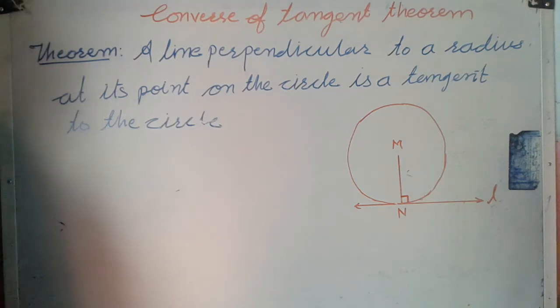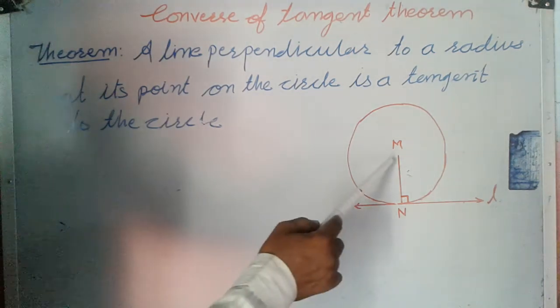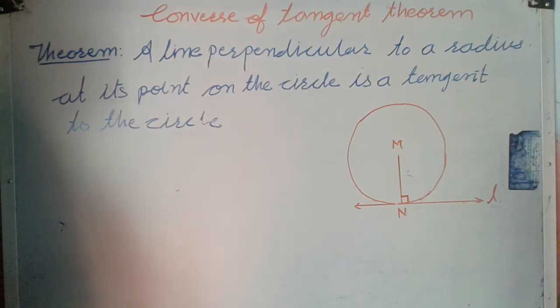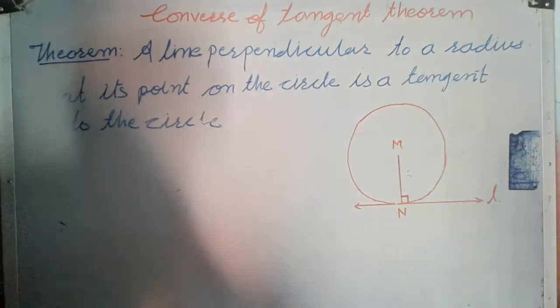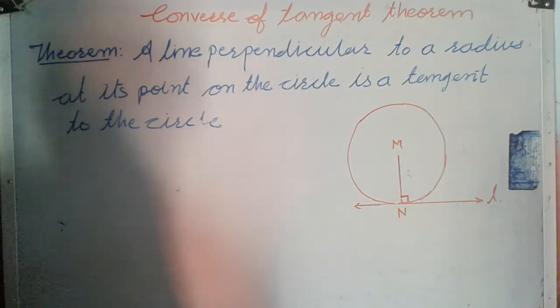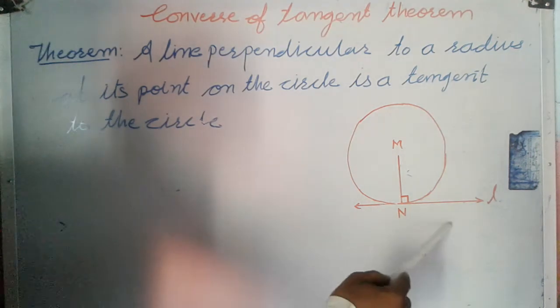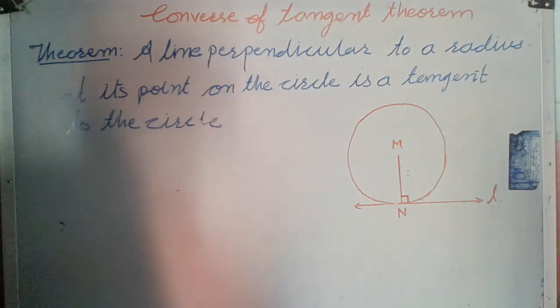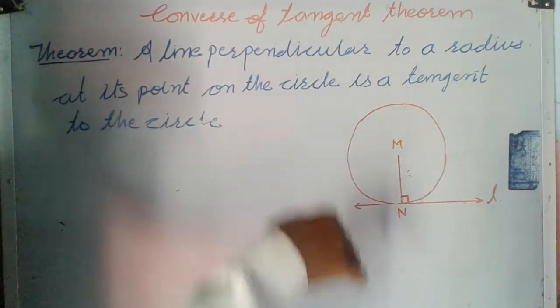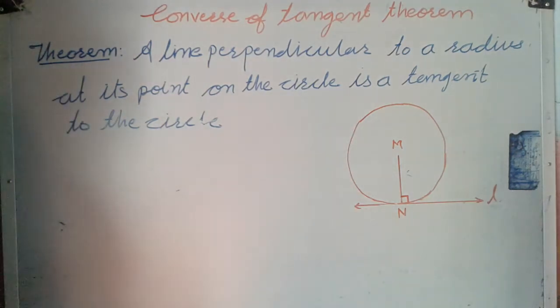What are the given things here? M is the center of the circle. Segment MN is a radius. Line L is perpendicular to segment MN. These are the given things. And we have to prove that line L is tangent to the circle.